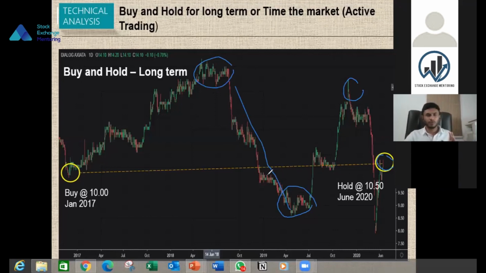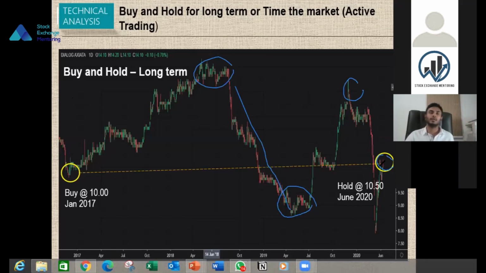So what you have to understand is there are different trading strategies you can have. Let's say you are a trader who buys and holds for the long term, a kind of lazy portfolio. You will be holding this stock from January 2017, and the stock has gone up to 14, then dropped down to 8 rupees, again gone up to 13.